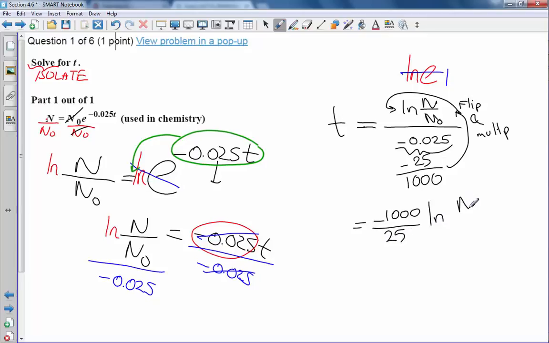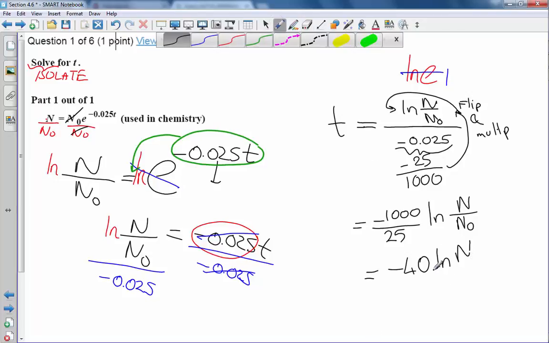ln n over n0. What is 1,000 divided by 25? 40. Because 100 over 25 is 4. You have an extra 0 there. Minus 40. Look, this looks a lot better than this, isn't it? Except it's not n0. I always make this mistake as well.